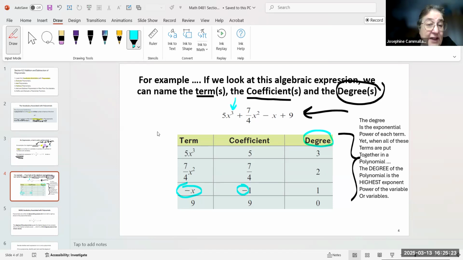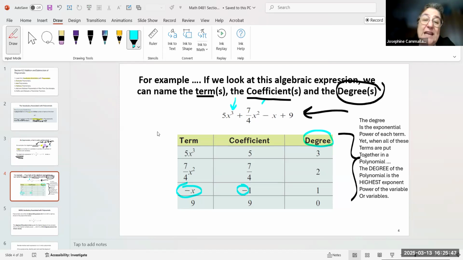Now, 5x cubed has a coefficient. The number in front is 5. The degree is talking about the power of x. The coefficient for a positive 7/4 x squared is the fraction 7/4 or positive 7/4.